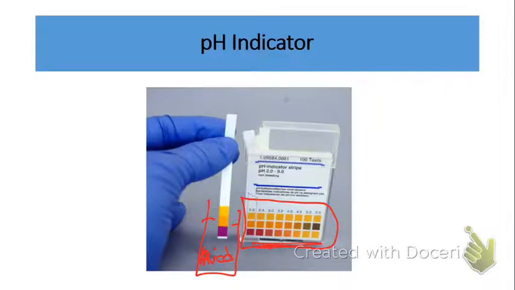And you just compare the paper to the chart, and that will tell you the pH of the solution. So it's a nifty way of determining the pH by using these indicators. And so you can use either method, either the liquid drops or the pH indicator strips.